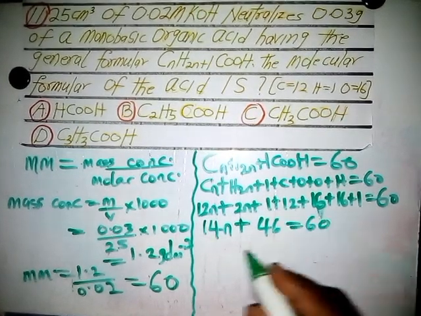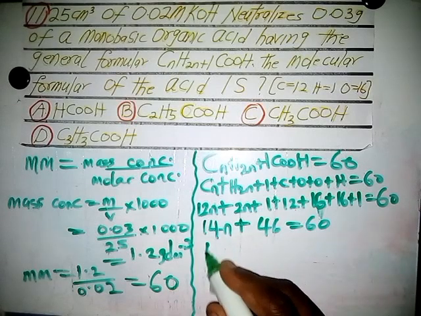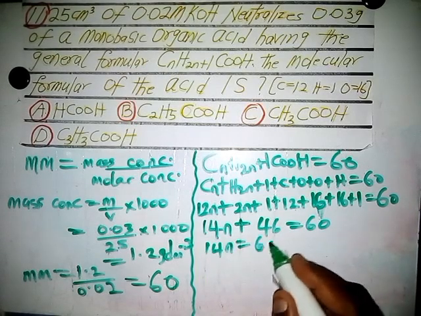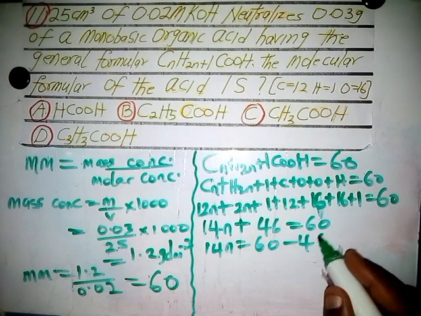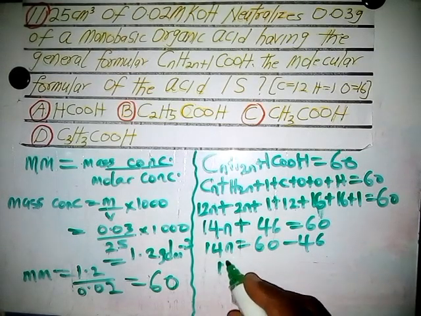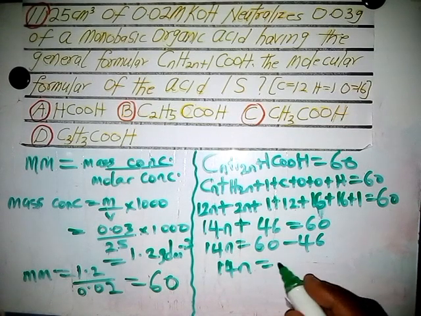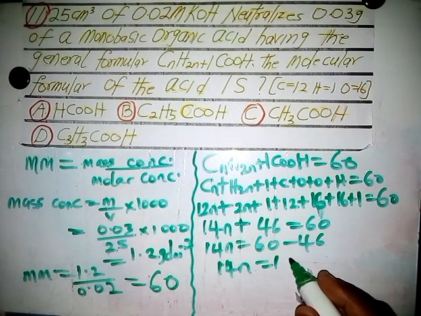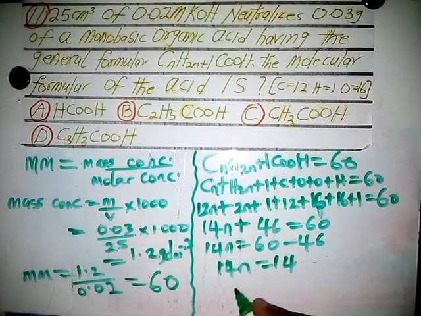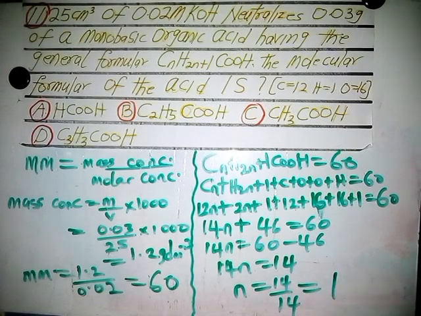That is equal to 60. So from here, you know what to do. 14n equals 60 minus 46. That's 14n equals 14. So n equals 14 over 14, n equals 1.